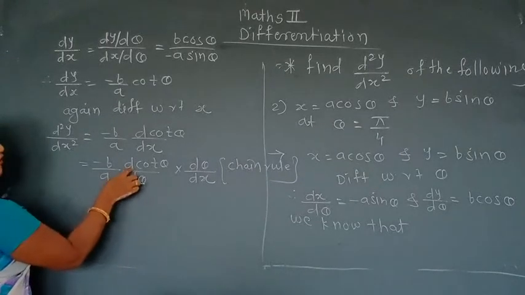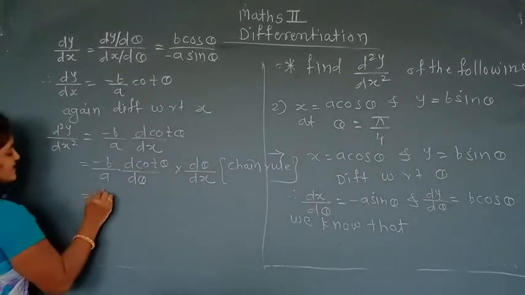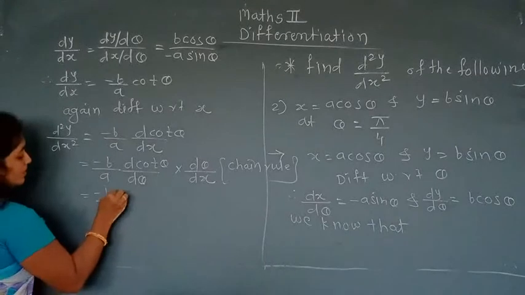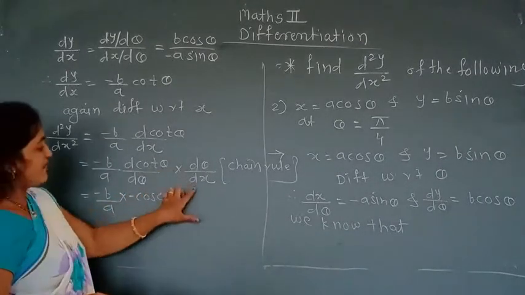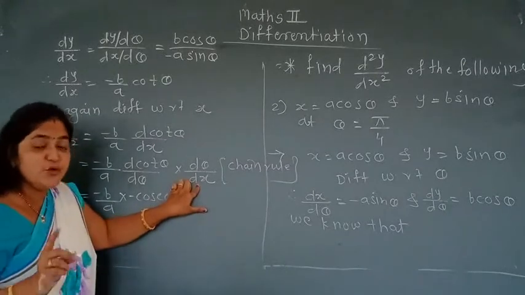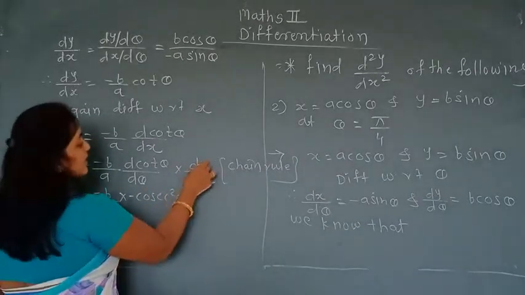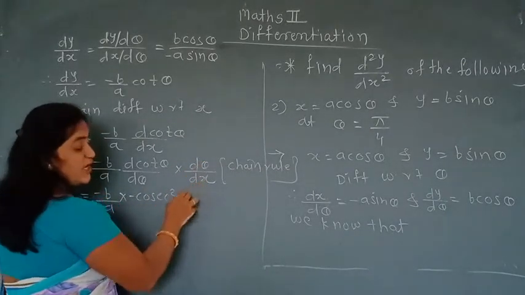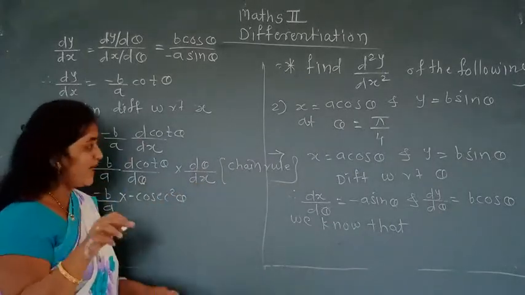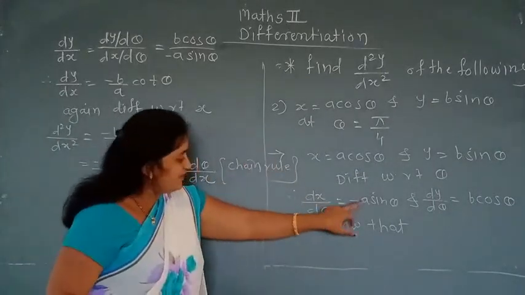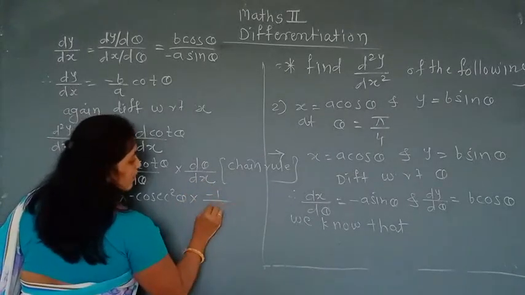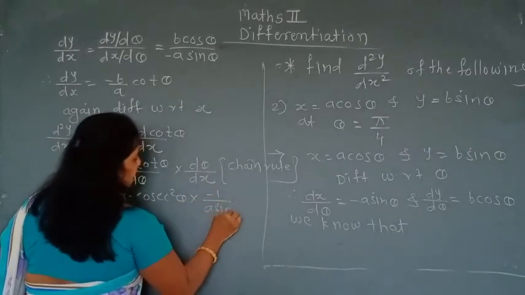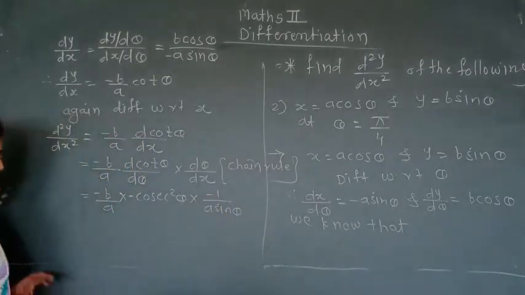Now, what is the derivative of cot theta? Which is minus cosec square theta. And for the derivative of theta with respect to x, we can use the inverse function, which means 1 upon dx by d theta, which we earlier found, so multiplied by minus 1 upon a sin theta.